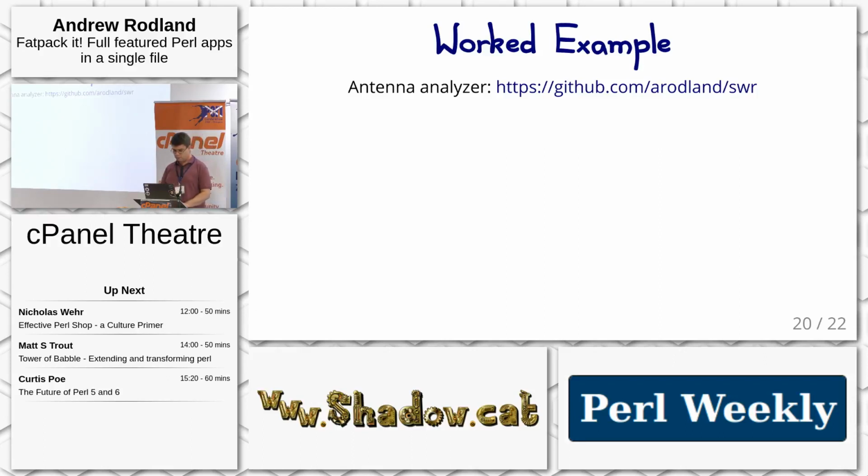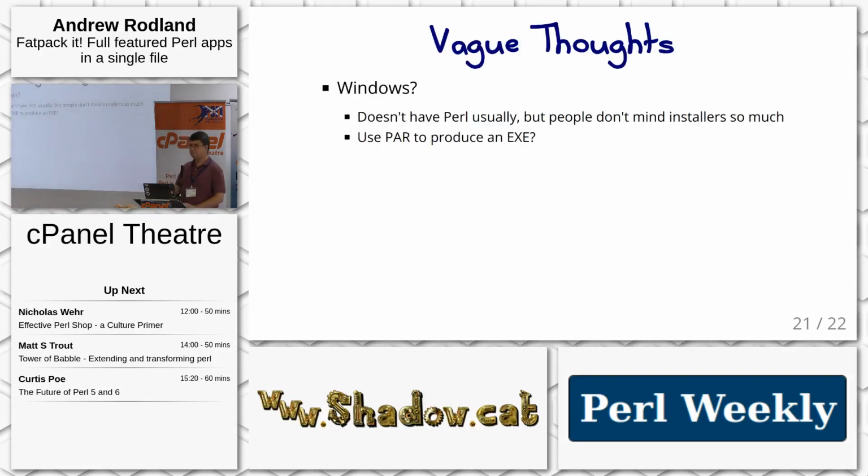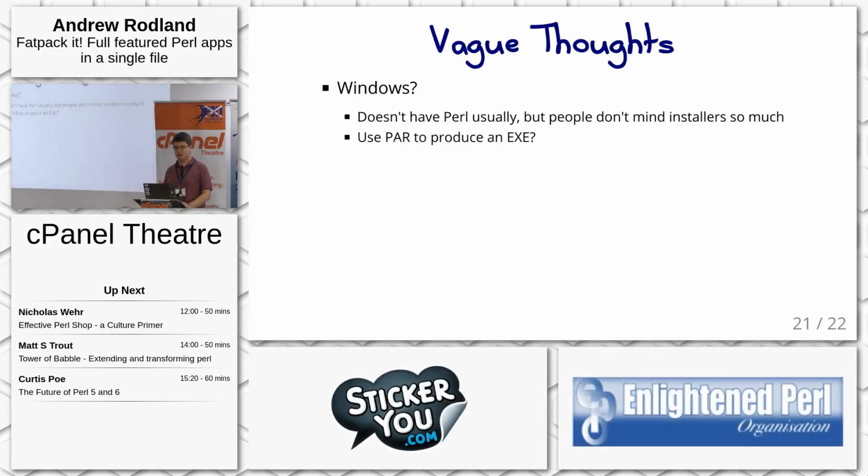Okay, so moving forward. A couple thoughts of things that I have not addressed in this talk. One of them is, what do we do about Windows? I said in the beginning, basically, if you have a Unix system, you can probably count on it having Perl.